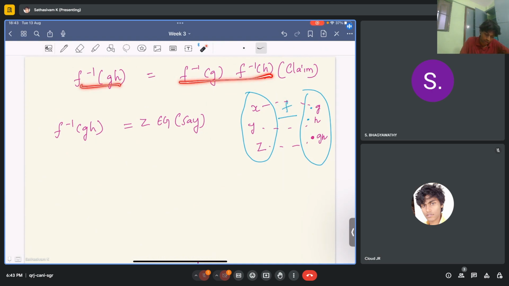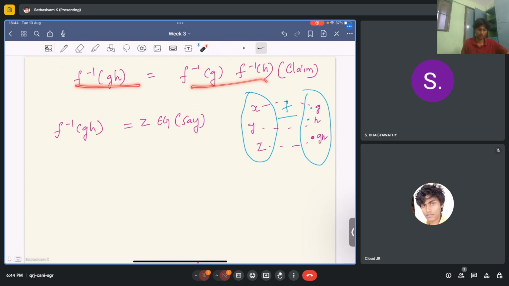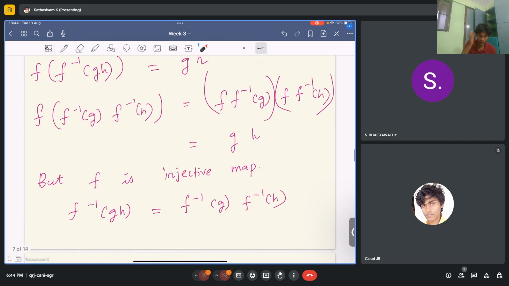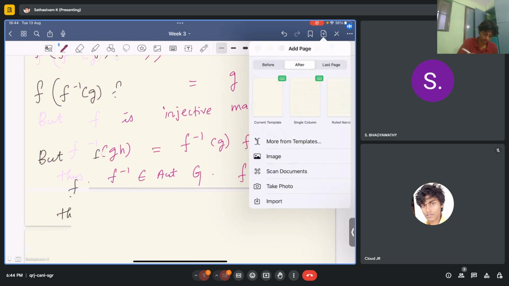If they were different, the images would have to be different, but the image is the same, so the elements are the same. That proves the statement, so F inverse is also an isomorphism. And clearly you can check that F composed with F inverse is the identity. So this is just a set theory result.